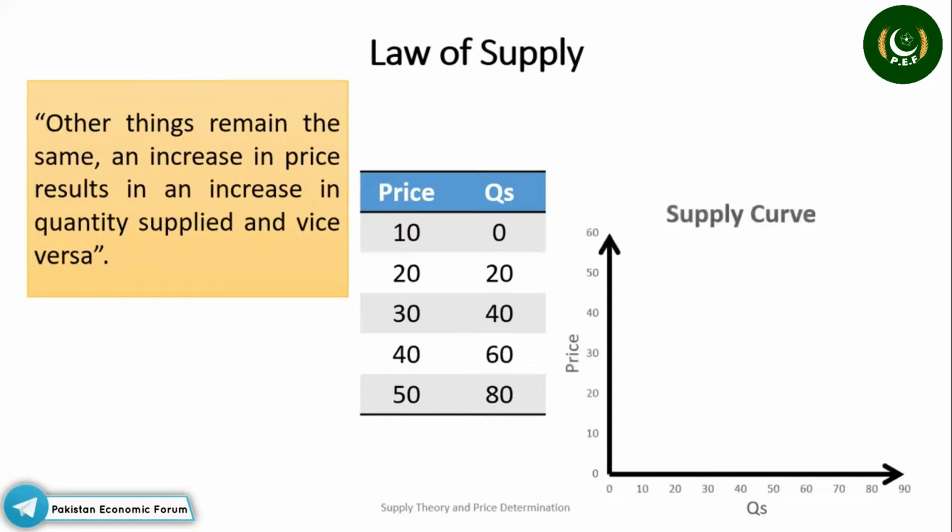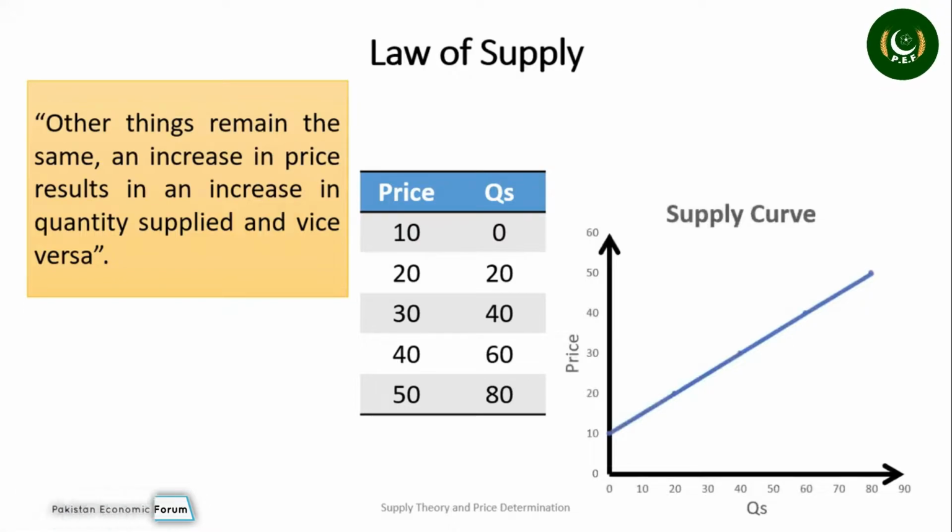And if we plot it on a diagram, taking quantity supplied on the x-axis and price on the y-axis, we would have an upward sloping curve called the supply curve, which shows what quantity is being offered to sell at different levels of prices.